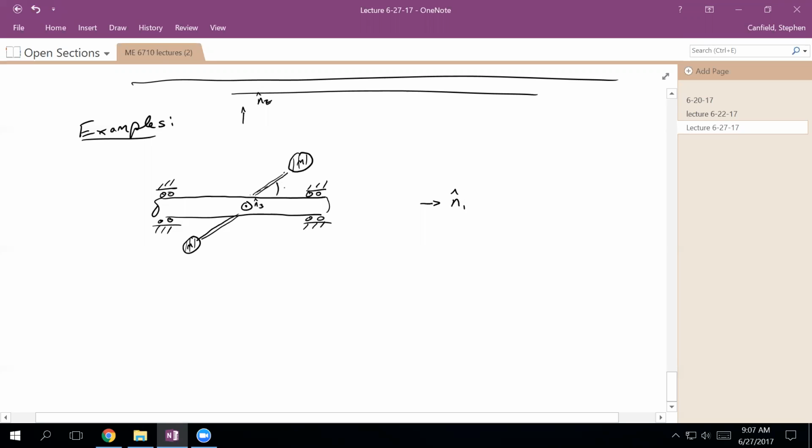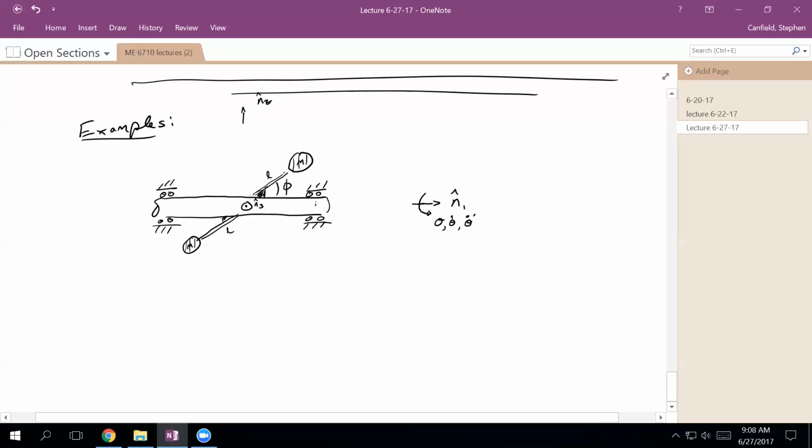So I've got a little rod of length L, and it's rotated at some angle phi. For this example, this angle will be fixed. And my machinery is rotating around this N1 axis by some theta, theta dot, and theta double dot.